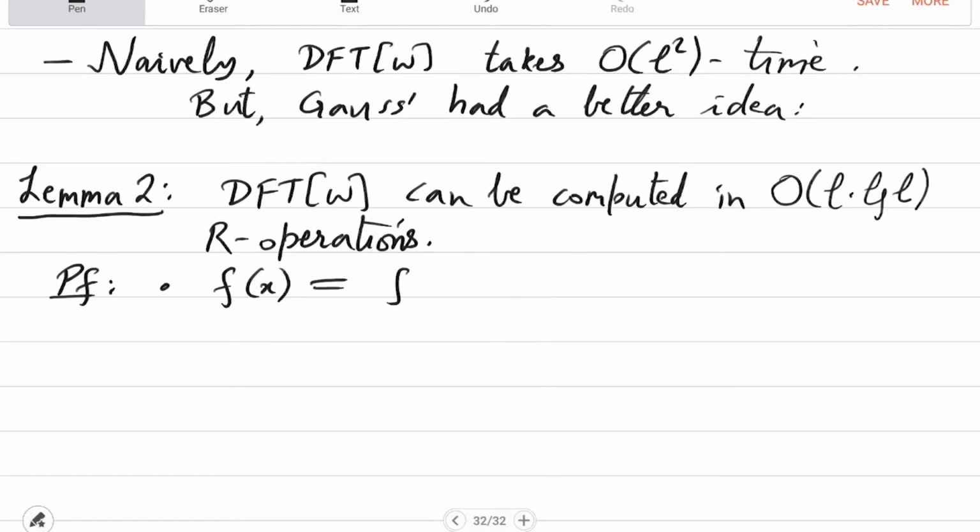So the even part is a function of x square, and for the odd part, if you remove x, then it is also a function of x square. So uniquely f(x) will give you f0 and f1. And then you use the divide and conquer paradigm.